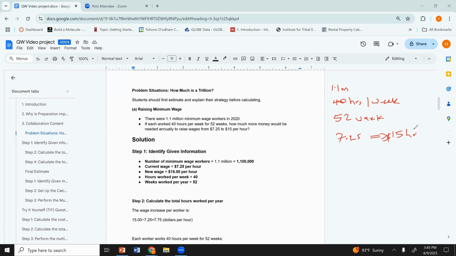Okay, so we have all the information here. So what should we do now? One important step is to figure out exactly what the difference is between 7.25 and 15.